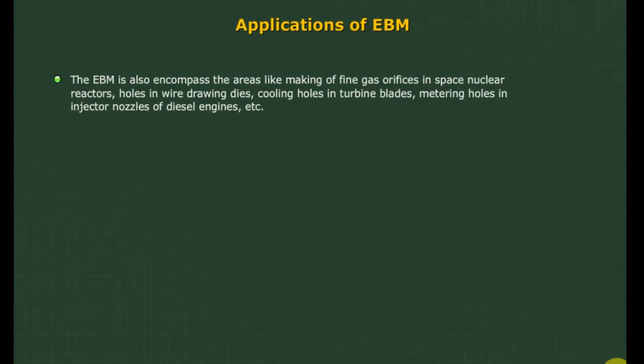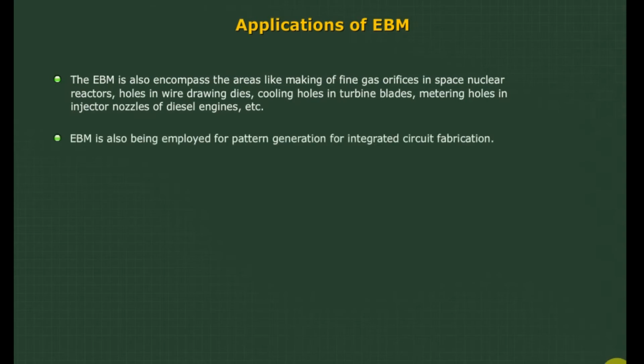The EBM also encompasses the areas like making of fine gas orifices in space nuclear reactors, holes in wire drawing dies, cooling holes in turbine blades, metering holes in injector nozzle of diesel engines, etc. EBM is also being employed for pattern generation for integrated circuit fabrication.